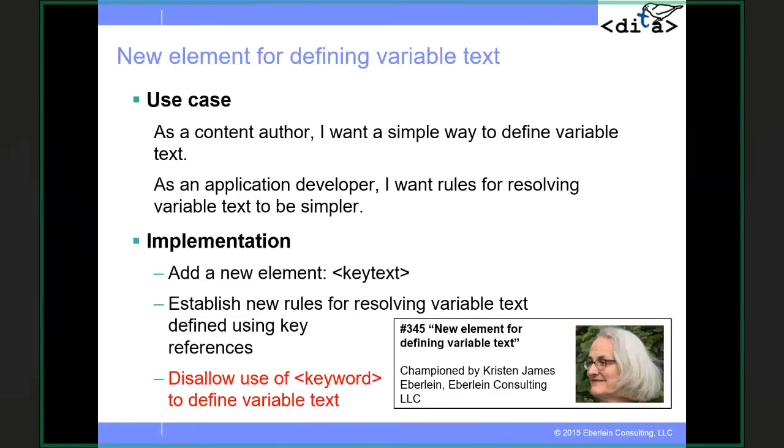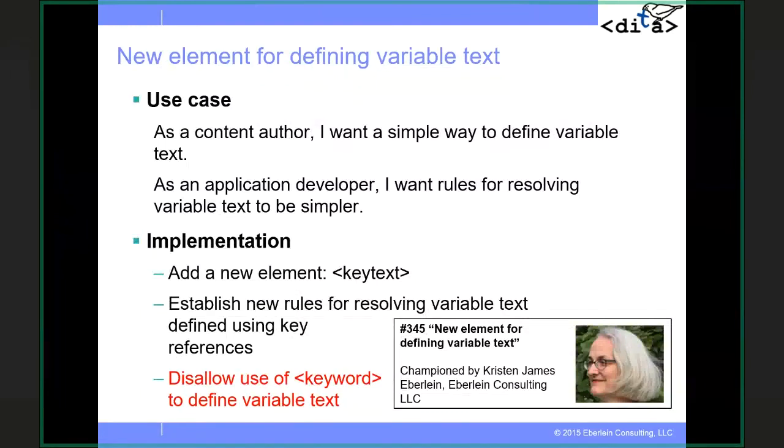Well, this has been very difficult to keep straight for application developers. The rules for how variable text needs to be resolved have gotten more and more complicated. And here with DITA 2.0, we drove a stake in the ground and said, no more, let's fix this, let's clean this up. And what we have done is we've added a new element, key text.